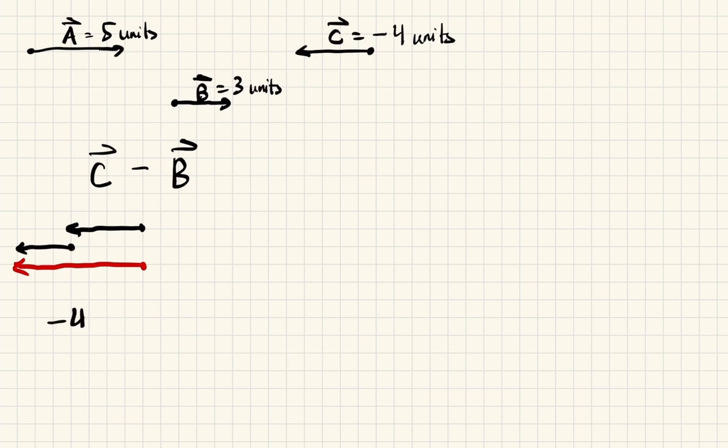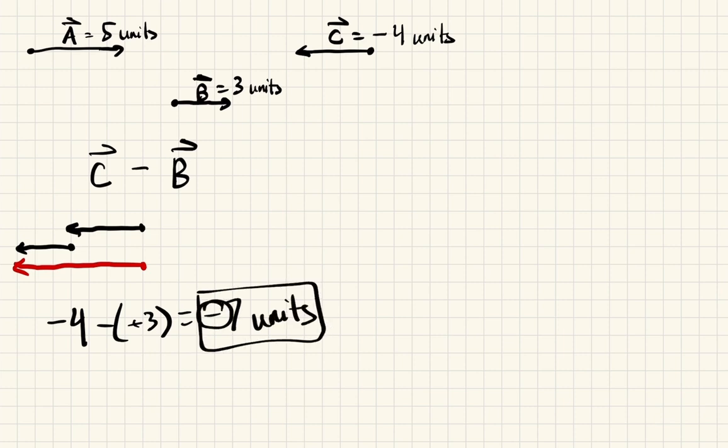So that would be negative 4 minus positive 3, and we get a resultant vector that's going to the left. As you can see here, it has a negative sign, which confirms that this resultant vector is going to the left. That's why you don't have to write 7 units to the left, because you have a negative sign. If you wanted to write it another way, you could say 7 units to the left.